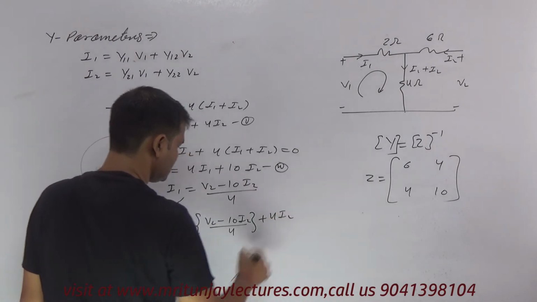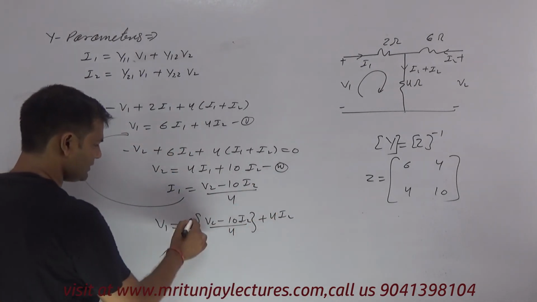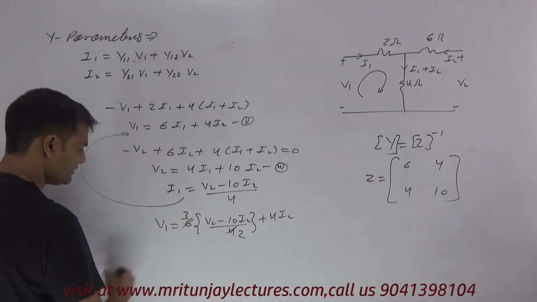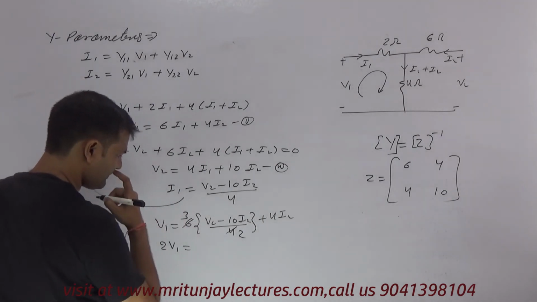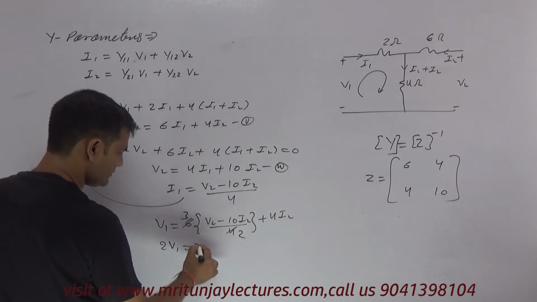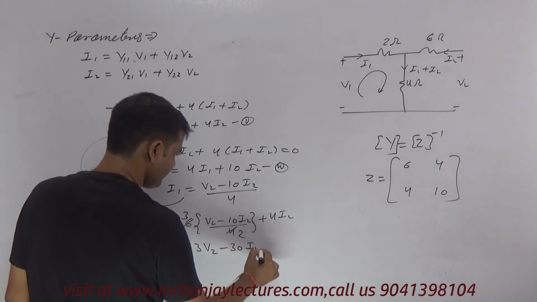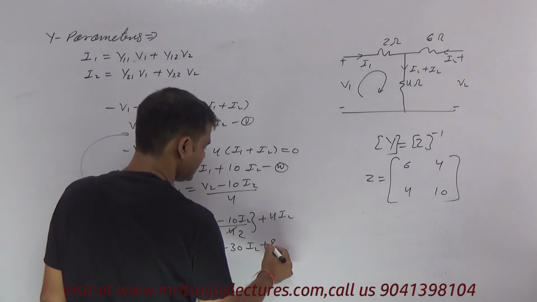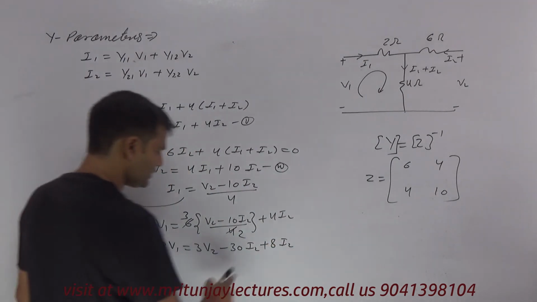Very simple. If we multiply by 2 on both sides, that is 2 V1 equals 3 V2 minus 30 I2 plus 8 I2.